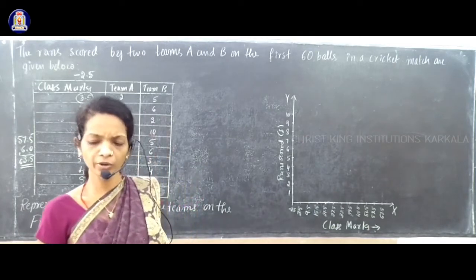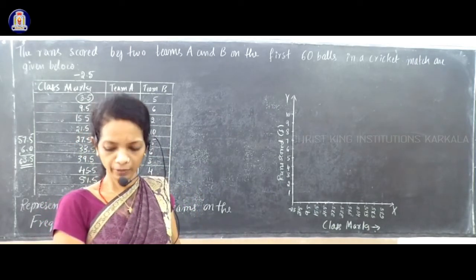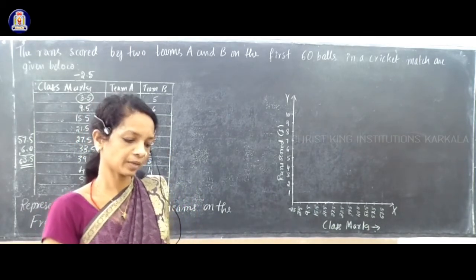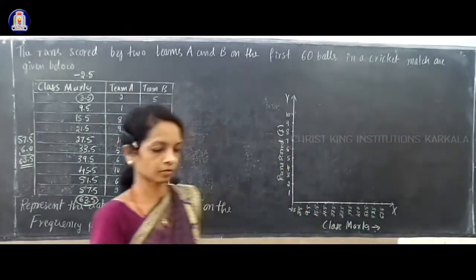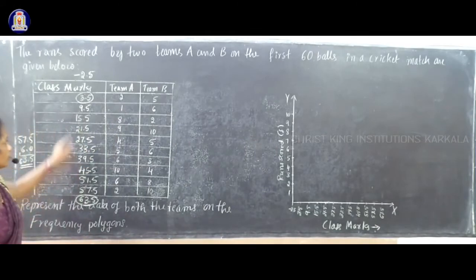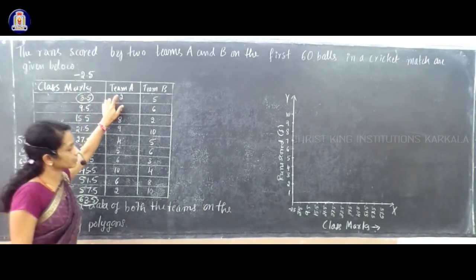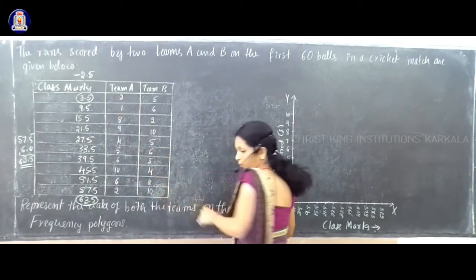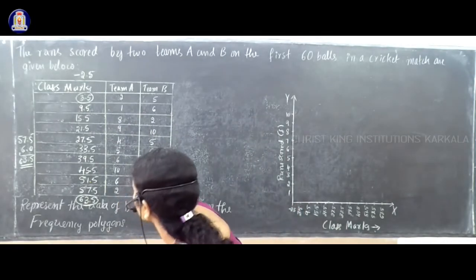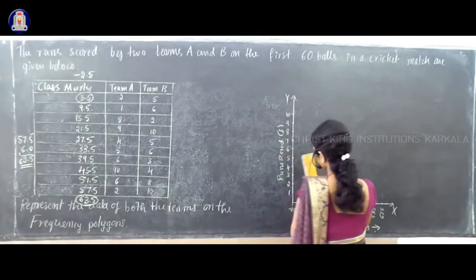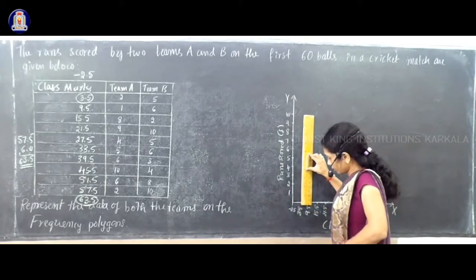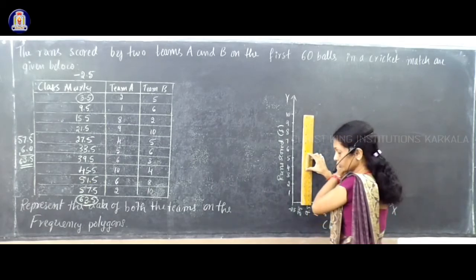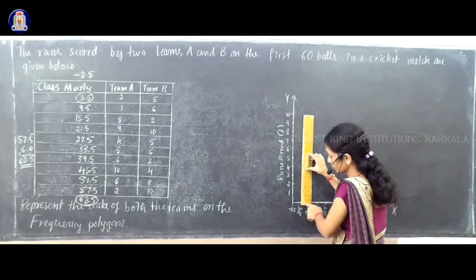Now you have to draw. First we draw the frequency polygon for team A. First for 3.5, what is the team A frequency? For 3.5 team A frequency is 2. So at 3.5 you have to keep your scale vertical. Here in your graph sheet you have a vertical line passing through 3.5.